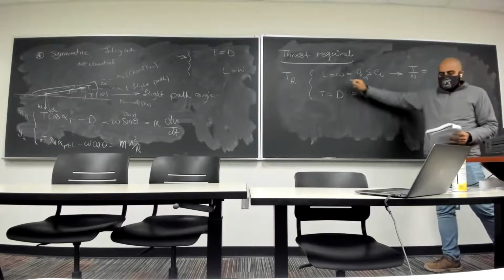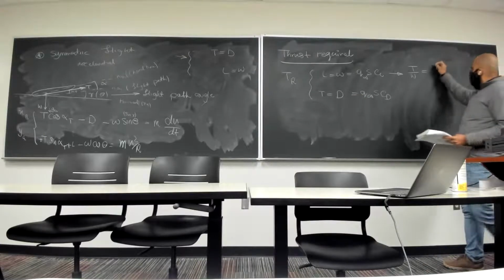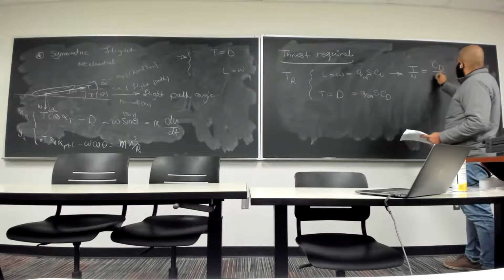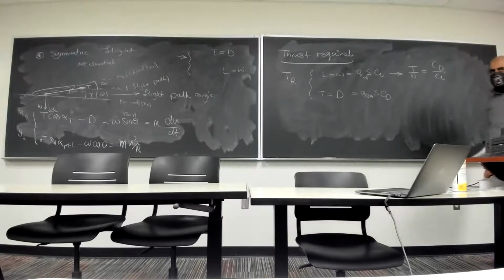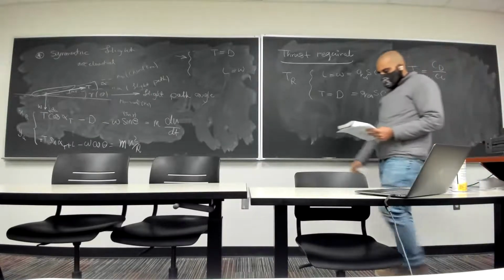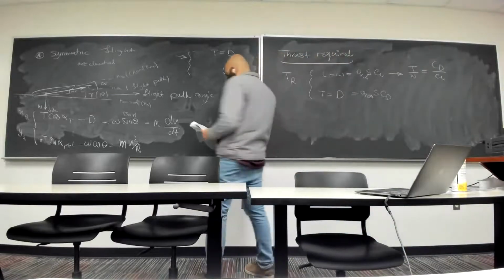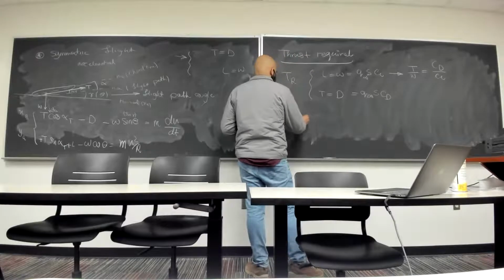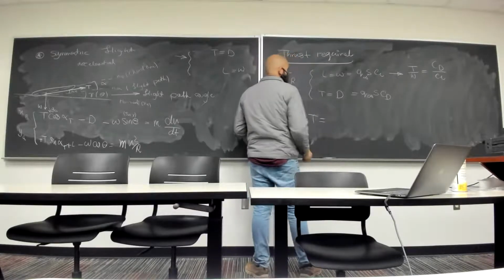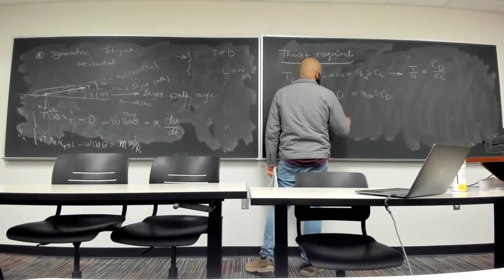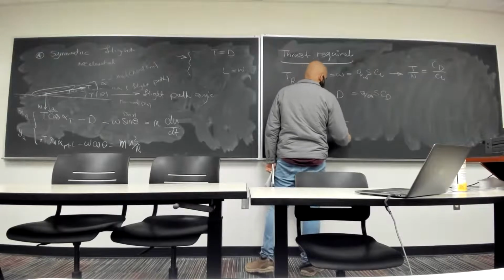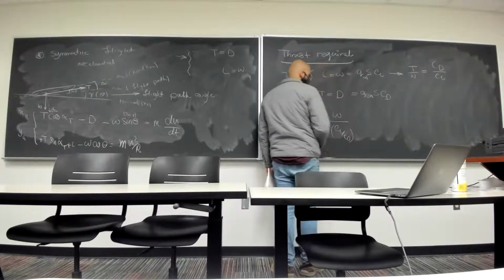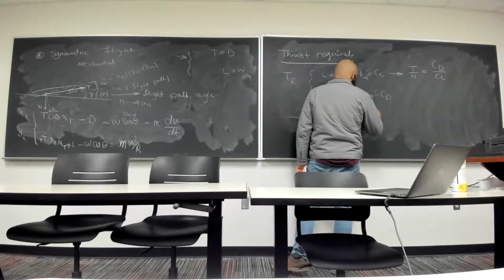It will be the drag coefficient divided by the lift coefficient. Then we can move weight to the other side. T is going to be equal to W divided by CL over CD, which is the lift to drag ratio.